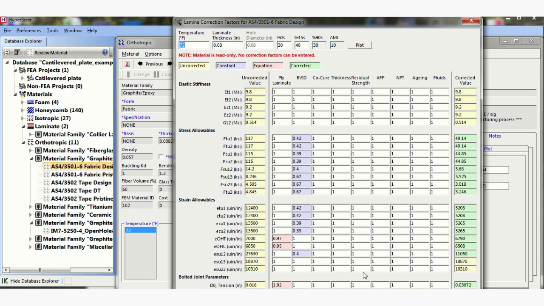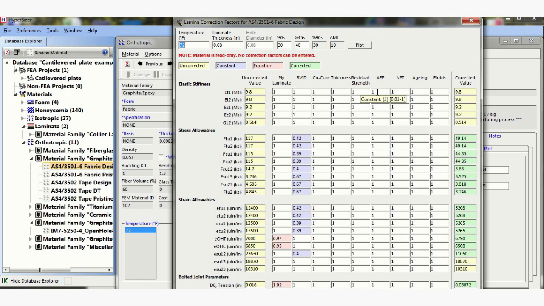Most North American companies conveniently just ignore this figure and just use what I call not aged. In other words, it's the allowable after I've just cured the laminate. I go test it. There's no 30 years. Of course, we can't easily get this number, but there is some testing around to show that this can be kind of a 5 to 10% correction.